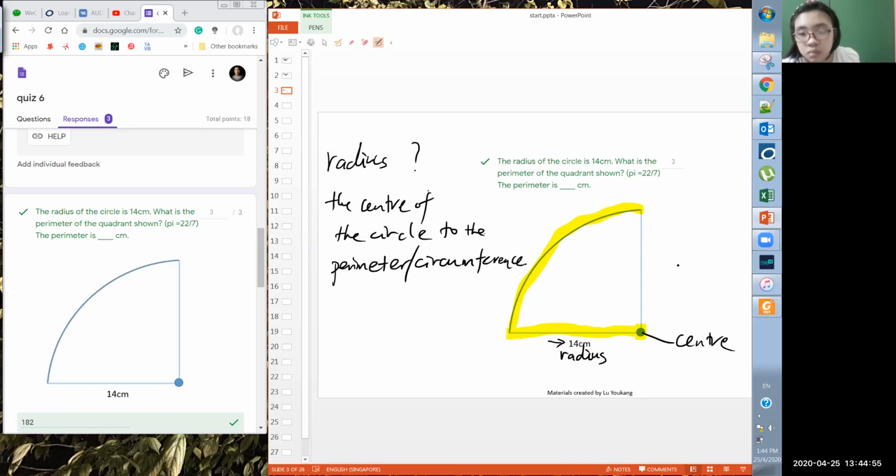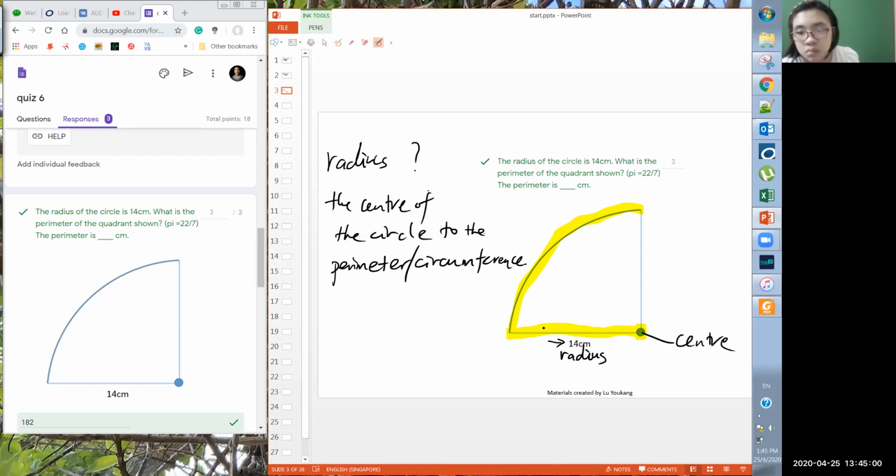Now, what is the perimeter of the quadrant? If this is 14, then what is this? This is also 14. Why? Because the center of the circle to the perimeter.